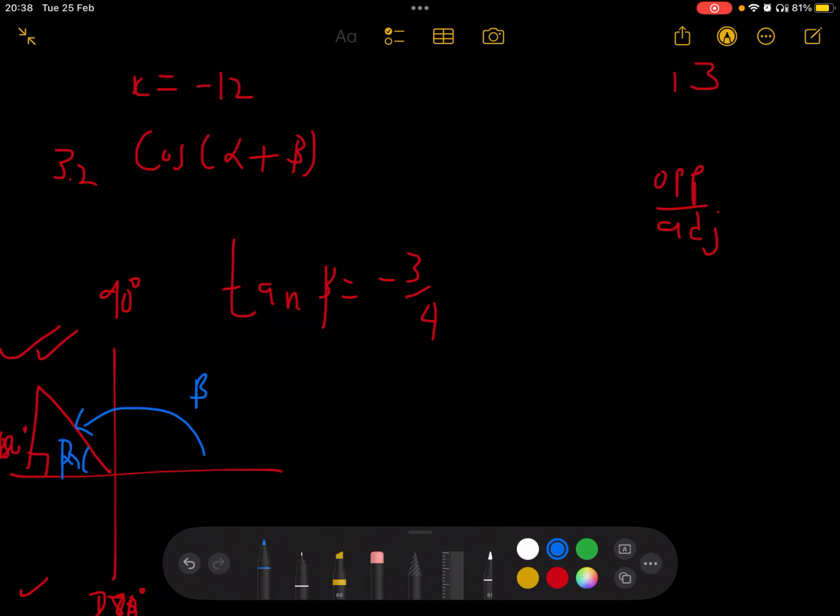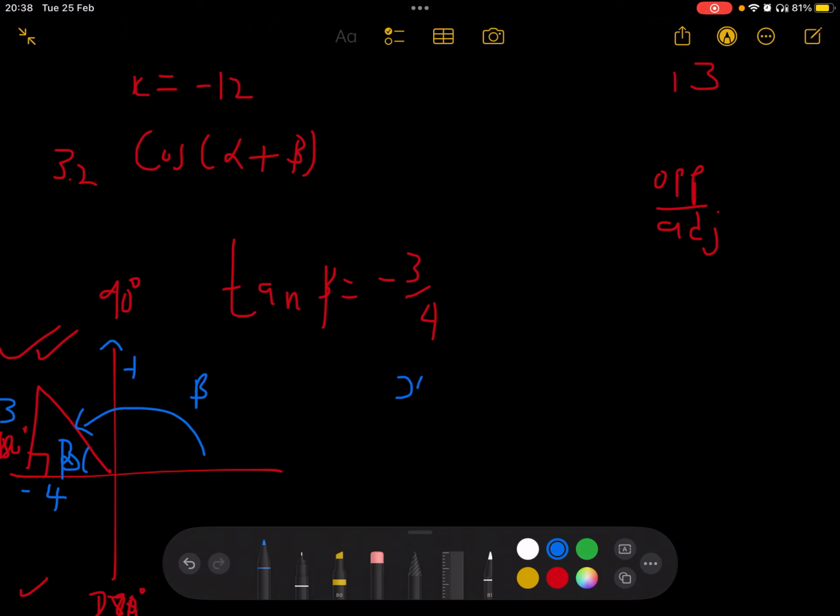That's beta. Now the opposite side here is positive, but the adjacent side here is negative. So therefore this would be minus 4 with positive 3.